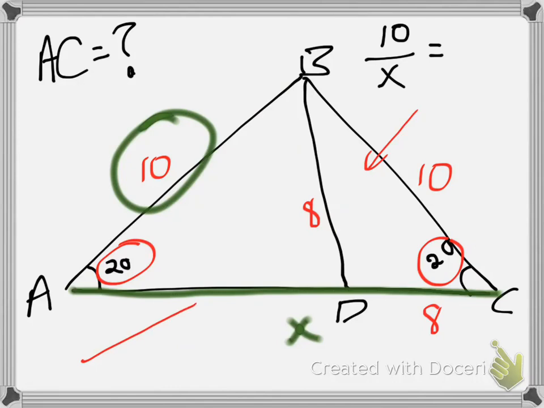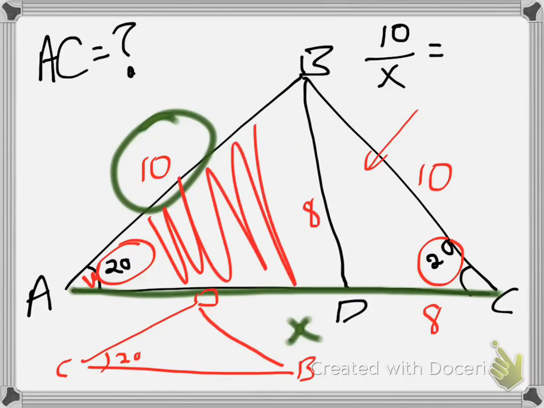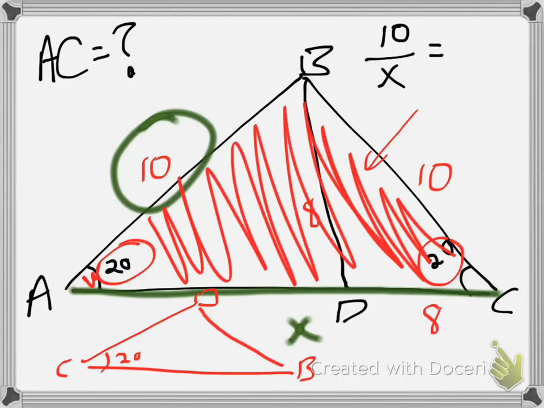Here, let me redraw it. This is D. This is C. And this is B. Now you see how I turned and switched it? I did that so it looks like this bigger triangle now. That's why I did it. So they look the same.